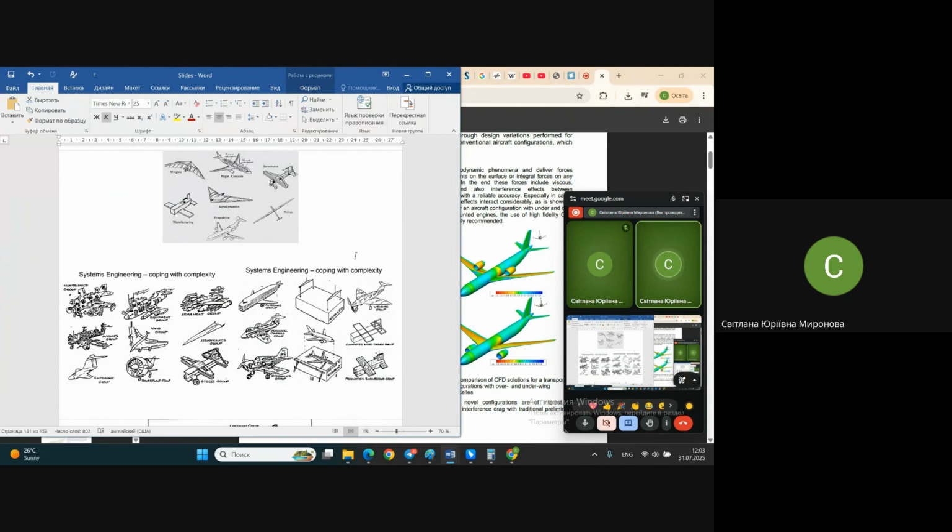For instance, you see what is on the top picture. In case we think much about weight, it will be something made of paper and wooden sticks, for instance, and it's enough. If we are much concerned with aerodynamics, you see something like a flying wing without any place for payload.